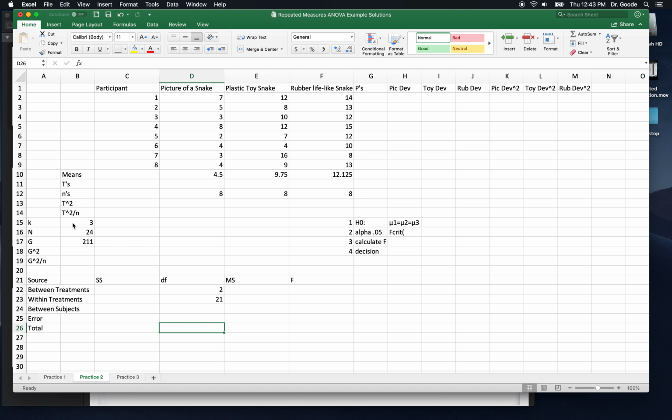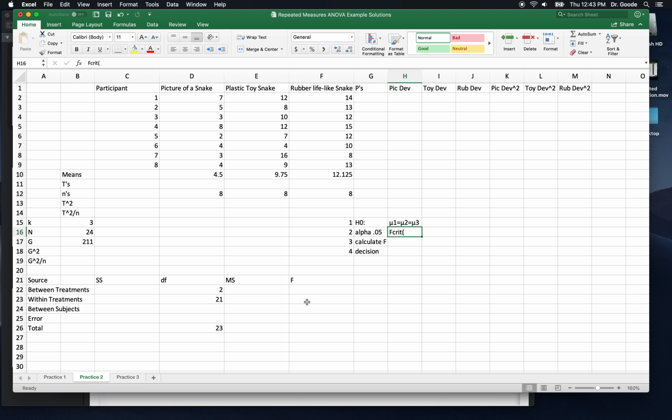But did you also know that total anything is equal to within plus between? That's how we're actually going to get within treatments. We're going to calculate the total sums of squares and between treatments sums of squares, and then we'll get within treatments sums of squares by subtraction, just like we did in the previous example.